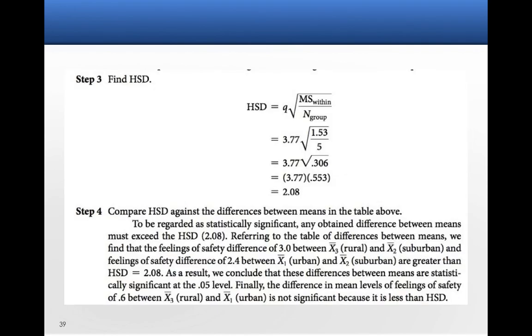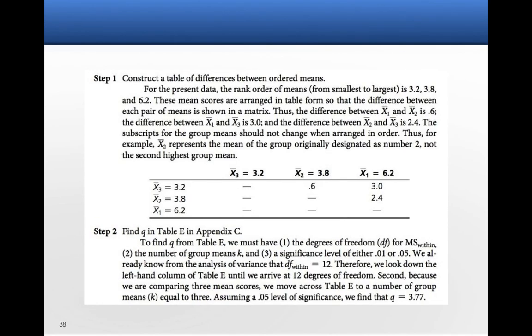Okay, so we're going to find 3.77 times the square root of 1.5 over 3. Right? So that's 3.77 times 0.553, which means 2.08. Okay? So now, any obtained difference between means has to exceed 2.08. Okay? So, we know that when we go back to that table of differences of means, right?